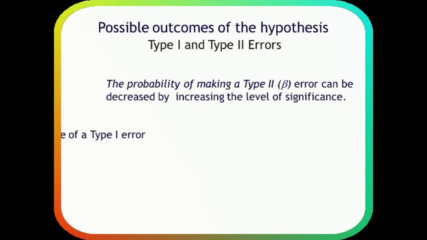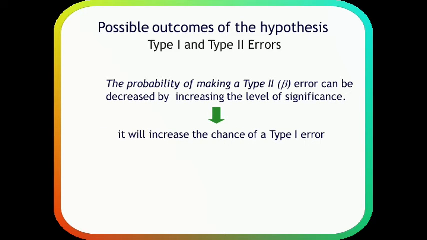Now, in order to increase the level of significance, of course, you will have to set your alpha to more than 0.05, because of which you are more likely to increase the chance of a type 1 error. Now, the question here is, which type of error are you willing to risk? According to you, which one is worth risk taking, whether you would go for a type 2 error or you would accept a type 1 error.